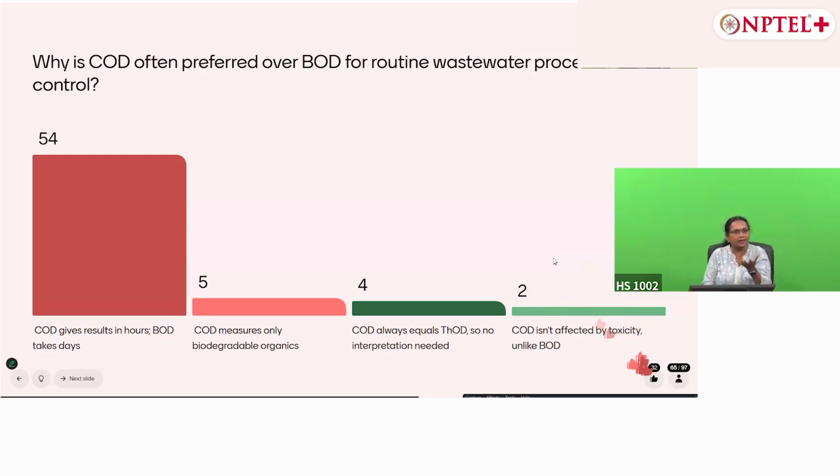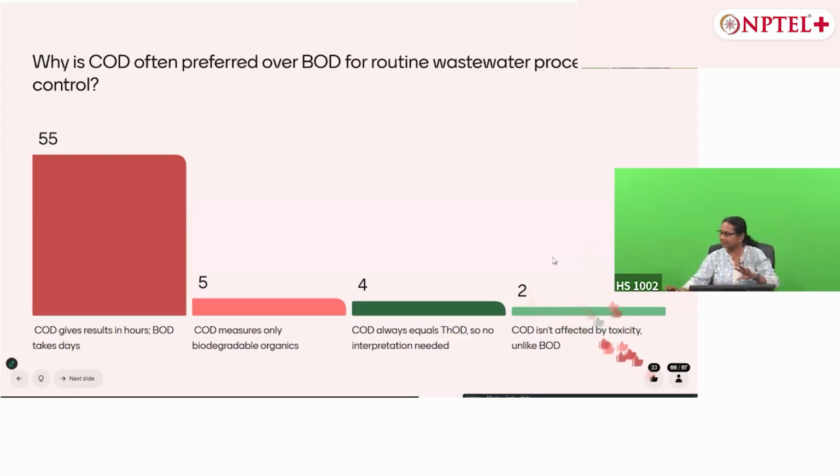If toxic compounds are there, COD value will not be affected. So if this question comes in GATE, anybody can challenge. The answer expected is the first one, but if somebody gives the fourth answer, that is also correct because it is a chemical reaction. Whether toxic compound is there or not, the chemical reaction will not be affected.